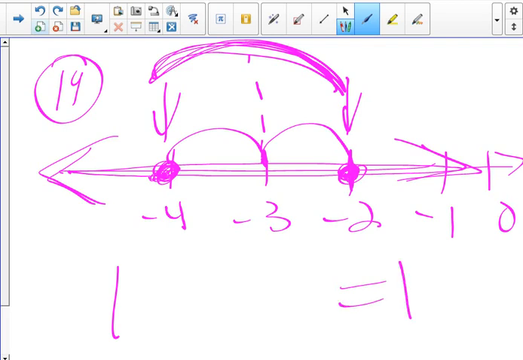So how do you know what goes in here? X plus something equal 1. So what would we put in here to make this equation true? The absolute value of x plus something is equal to 1.